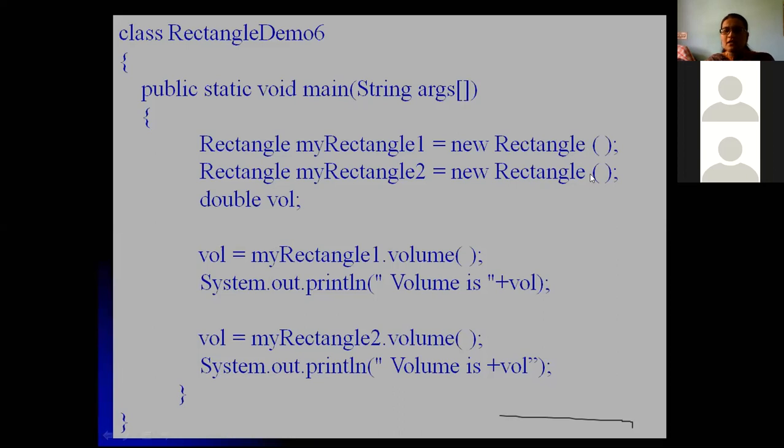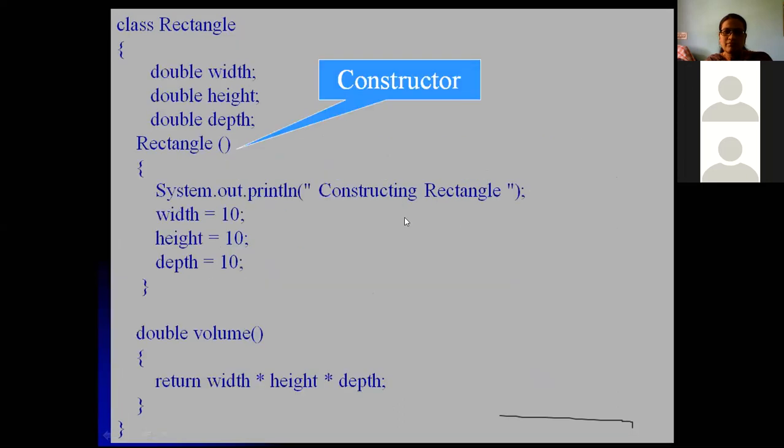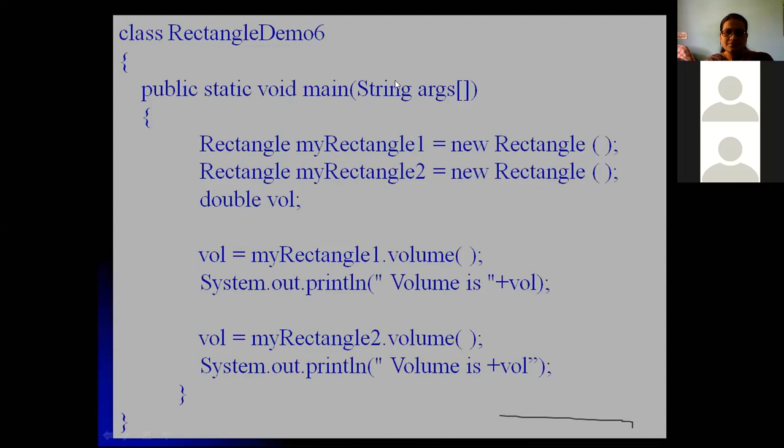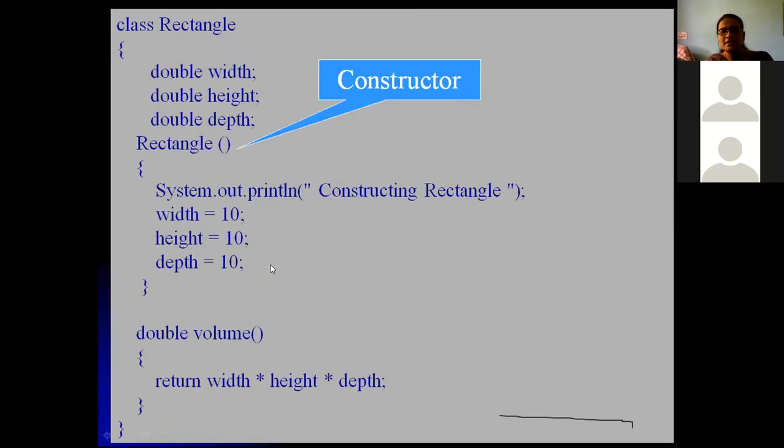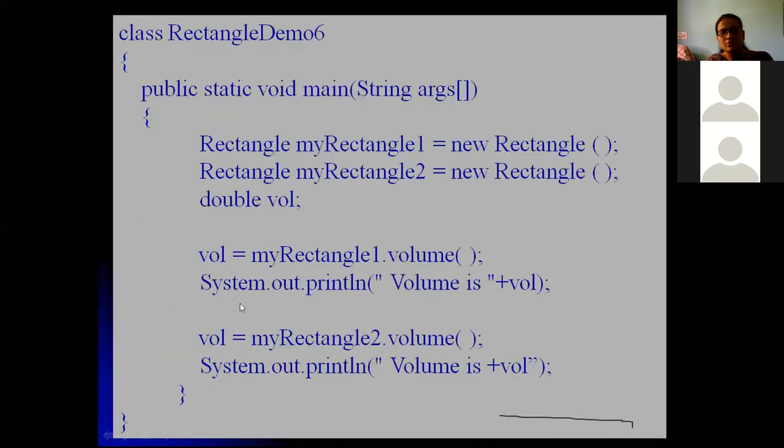Within that Rectangle constructor, you can see that we have assigned 10, 10, 10. Next we are calling the volume function to calculate the volume. The volume function returns a double, so you have to assign it to a variable of the same type, which we also discussed in the earlier class.